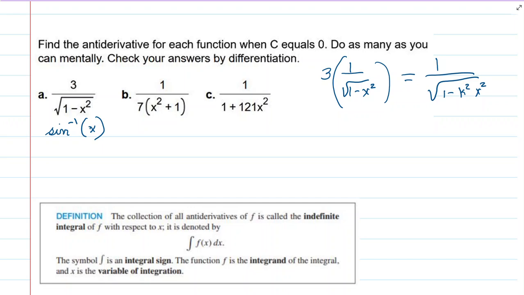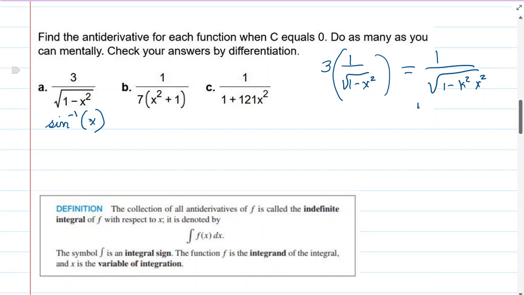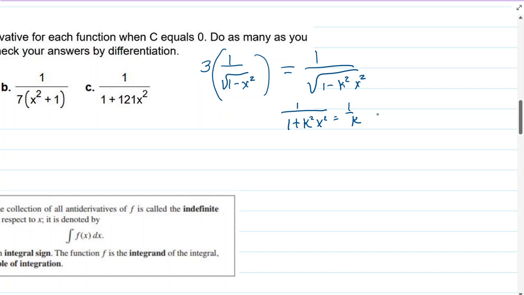And the tangent one reads this. Now, in this exercise we're doing, our C is 0. It's stated in the information that C is 0. So we're good.